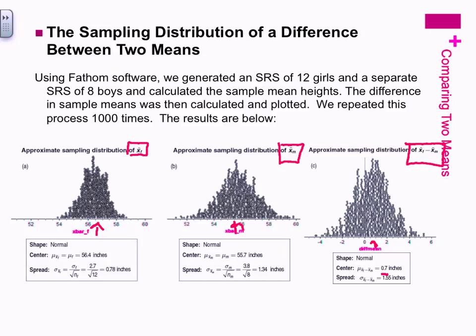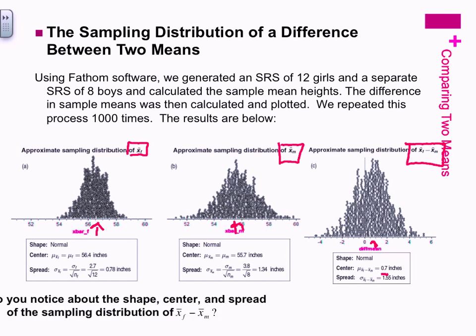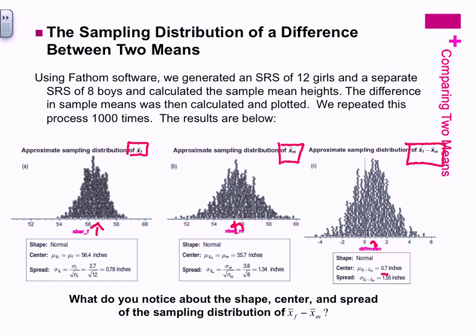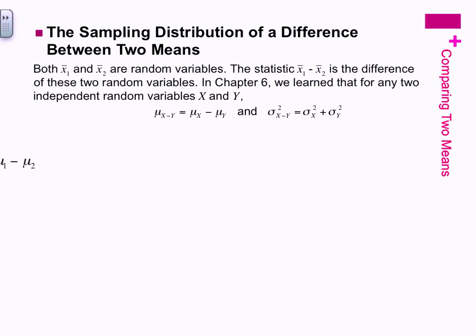And then your spread. What we're going to do is use the difference of your means to find the center, and use the sum of your variances for your standard deviation. That's just what this page says.